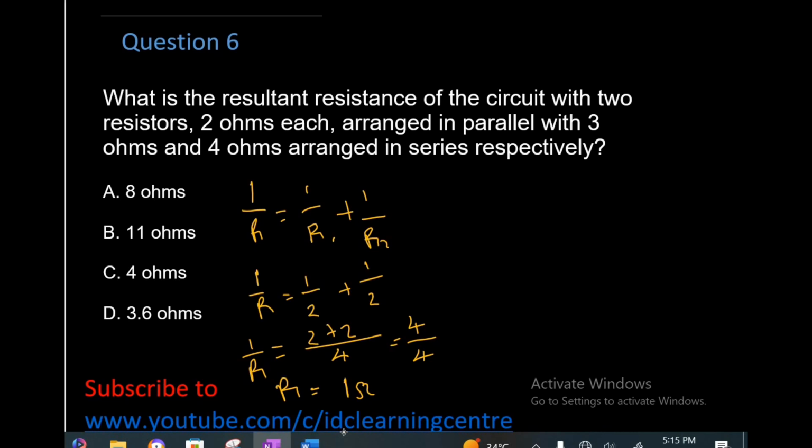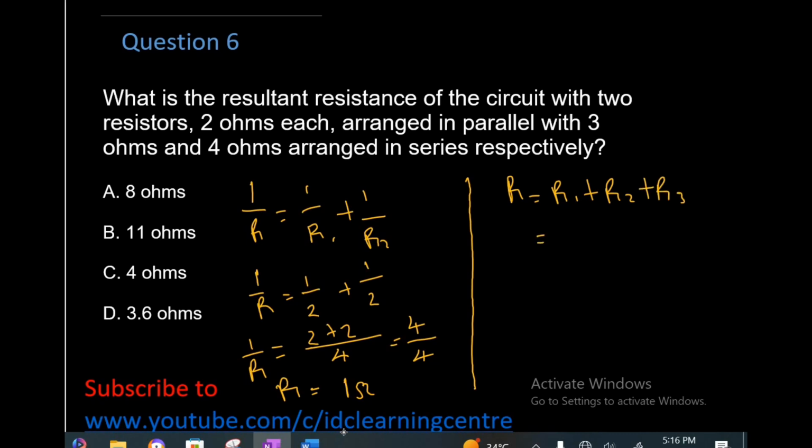Alright, so now the 1 ohm is in series with the 3 ohms and then the 4 ohms respectively. To find the resultant of resistors in series, our formula is R equals R1 plus R2 plus R3.